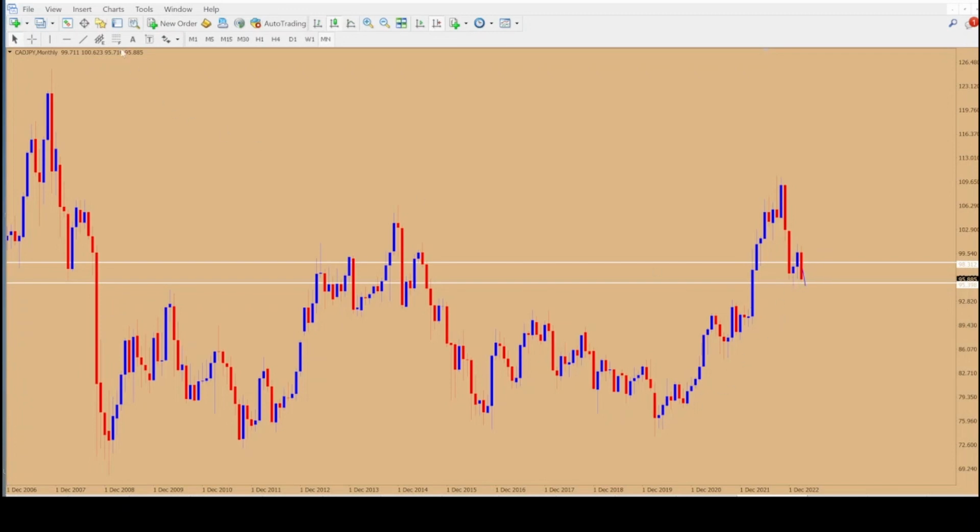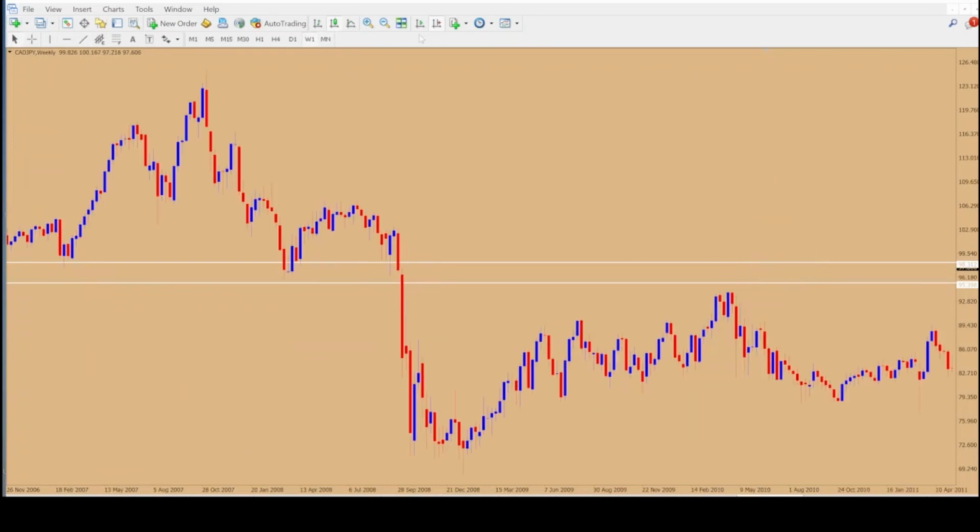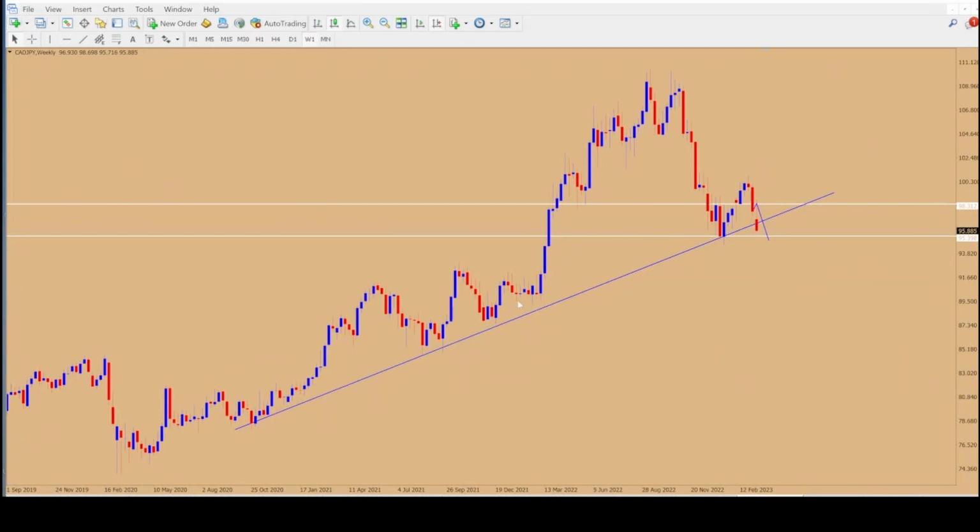So you might see some of this bearish momentum that has been playing out for some weeks begin to die out, right? So I would watch out for this trend line.